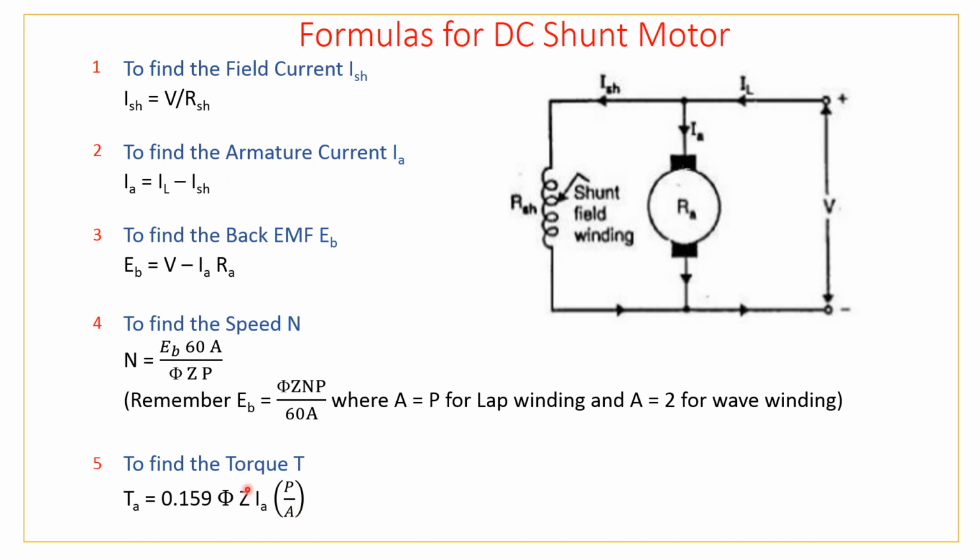There may be cases where they give you the armature current directly in the question. If IA is given, then there is no necessity to find ISH because we need V minus IA RA. You can directly substitute the armature current here and get the answers. Let us look at the numericals and you will understand what I have explained here.